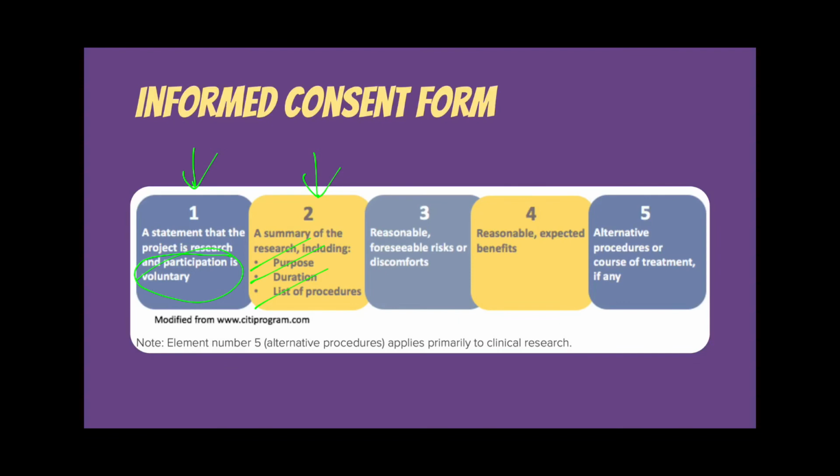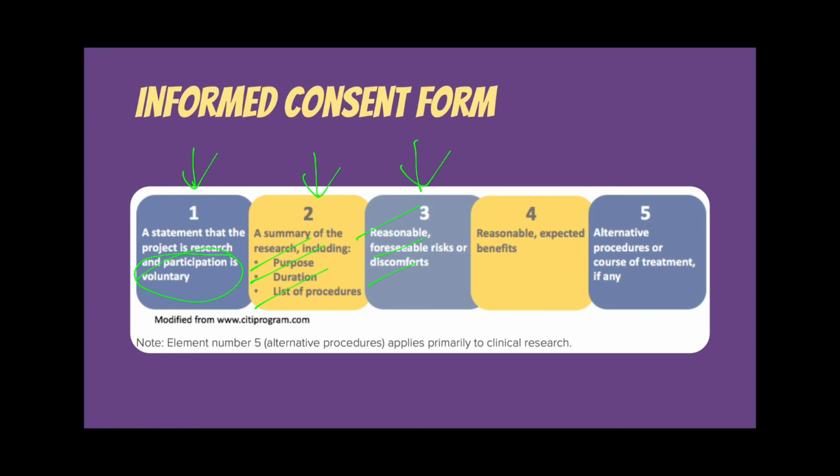And as I mentioned earlier, the informed consent form should already include reasonable, foreseeable risks and discomforts of being part of the study. Is this going to take much of their time? Is this going to have social risks? Some sort of physical risk? You have to explain this.